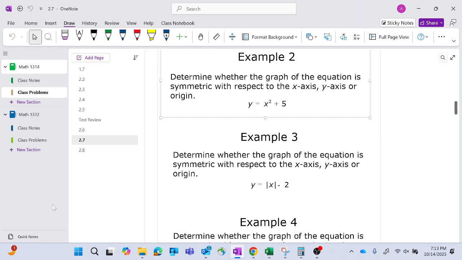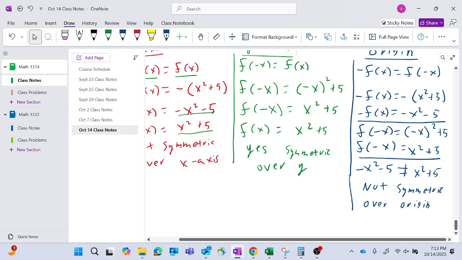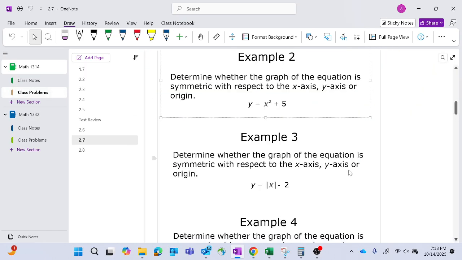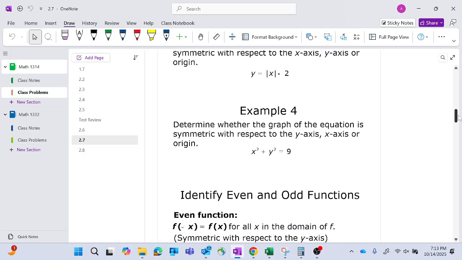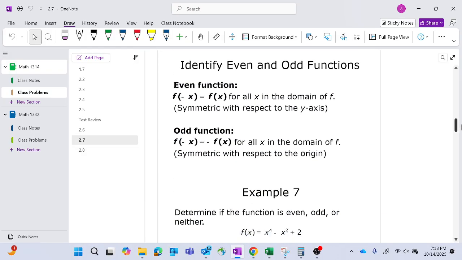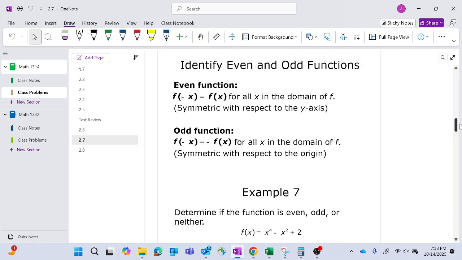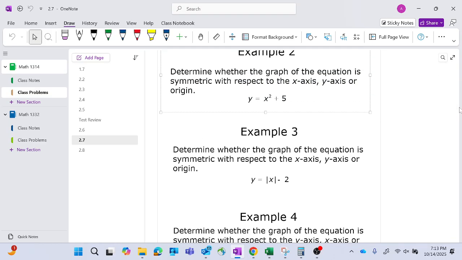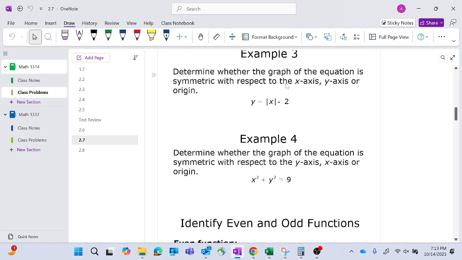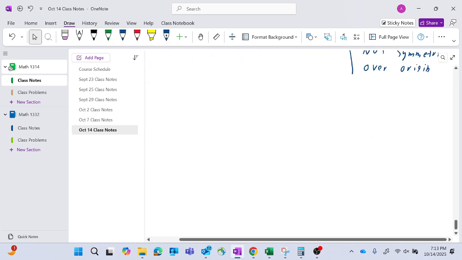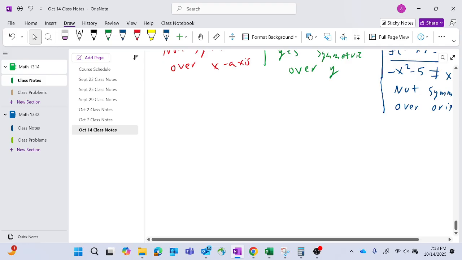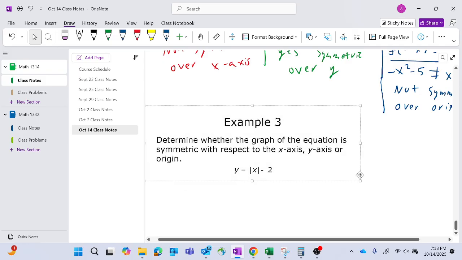We have 9 there. It's a lot, actually. We'll finish 3 and 4, and then we can end class. How about that? Okay.